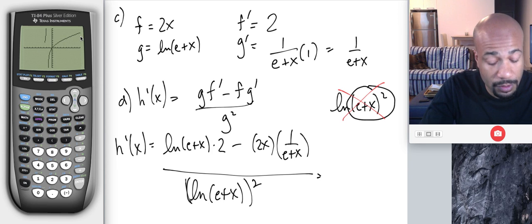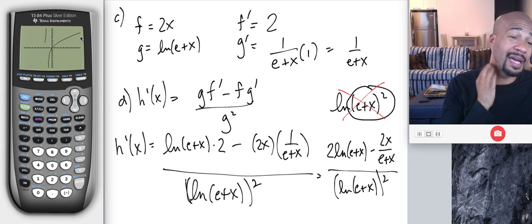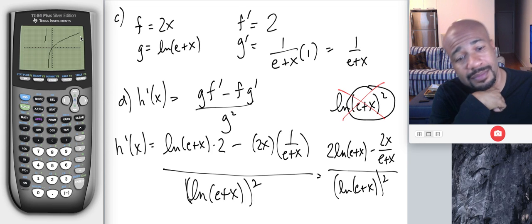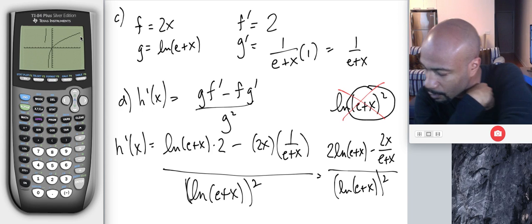So I have 2 natural log (e plus x) minus 2x over (e plus x), all over the natural log of (e plus x) quantity squared. I can simplify this some more, and I will, because she wants a formula for it, right?